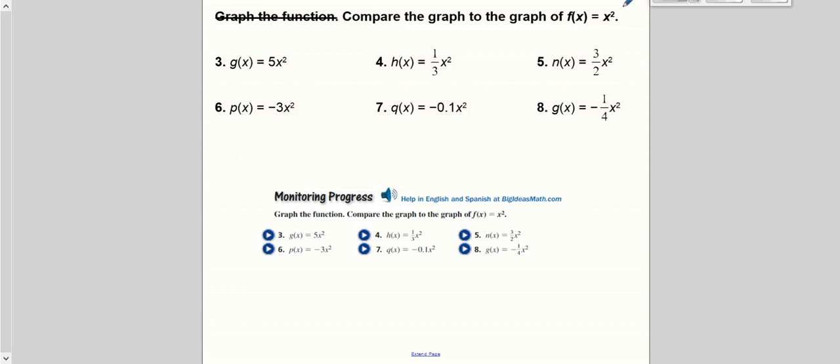Compare the graph to the graph of f of x equals x². So when it says compare, that means state the transformation. There's 2 transformations we worked with so far. Vertical stretches or shrinks, and reflections over the x-axis.